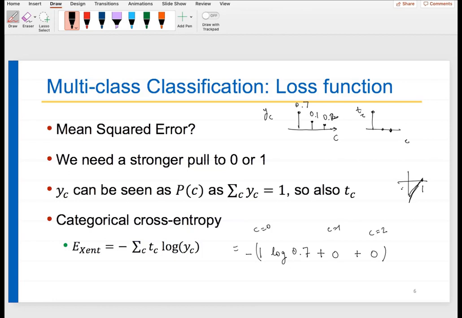This is log of x and this is x. Because we are looking at the negative of log, it looks something like this. So we want to make our x equal to 1, so that my YC becomes 1 for C equal to 0 and it becomes 0 for the other C's.